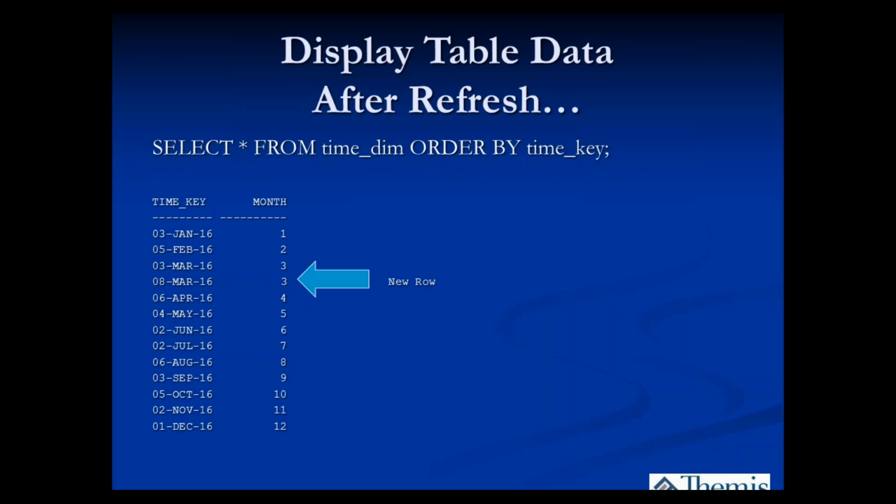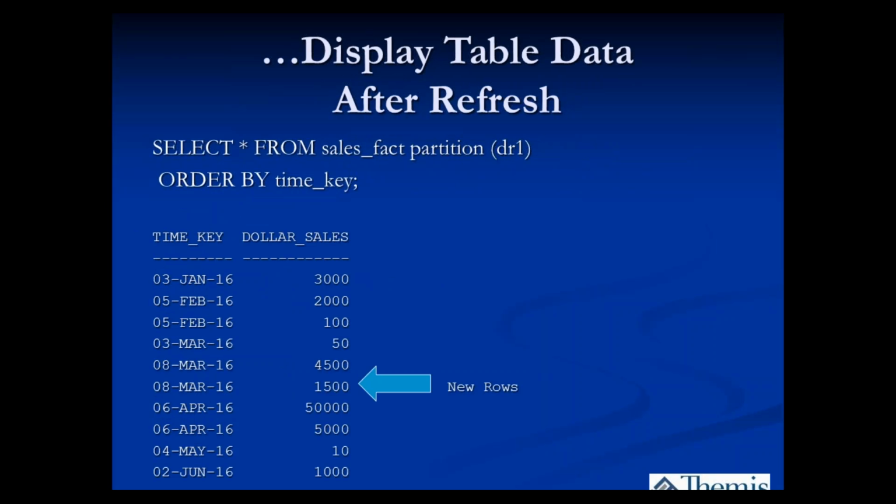And here's the big thing. If I look at the data in the fact table after the refresh, there's my two values there for March 8th: 4,500 in sales on March 8th, and a different transaction for 1,500 on March 8th. So those are in the fact table there. And if you remember what the materialized view is supposed to do, it's supposed to sum up the sales by date.